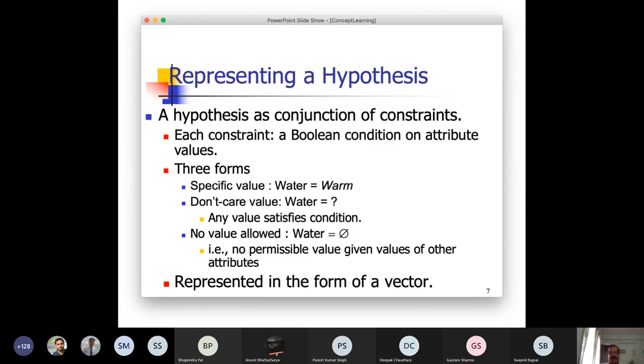As you can see, in a concise form I can now represent it as a vector, where every position denotes a certain attribute. For example, the first position is for sky, so you consider the value sunny, cloudy or rainy.